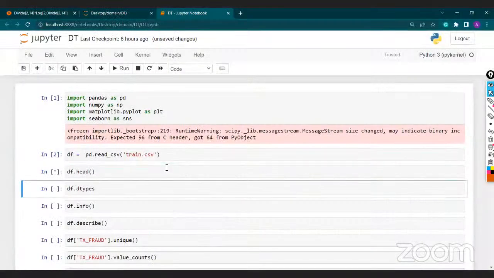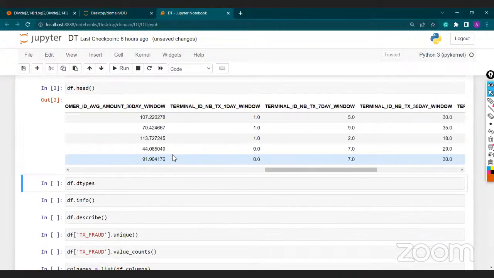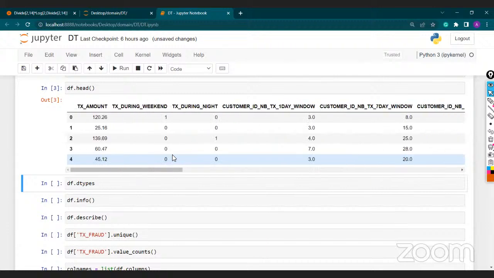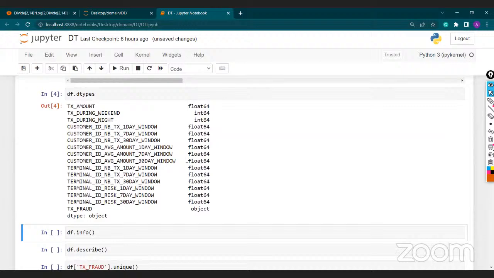So again, the first 5 rows, you have the text, you have the data types, all of them are numeric except for the output that is discrete. So when you have discrete output, it becomes a classification problem. So here you're trying to make some sort of classification.